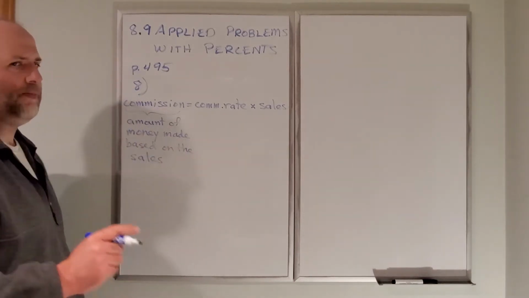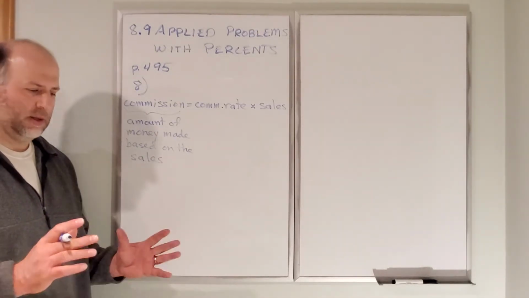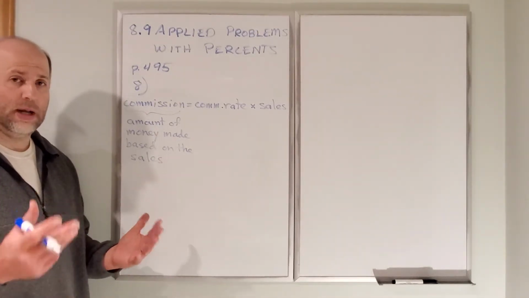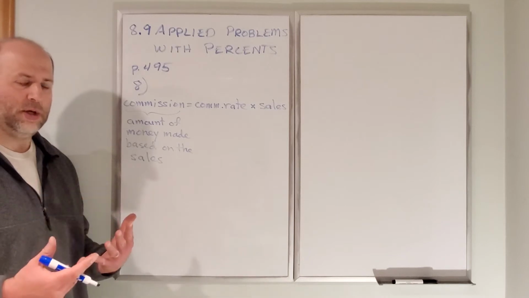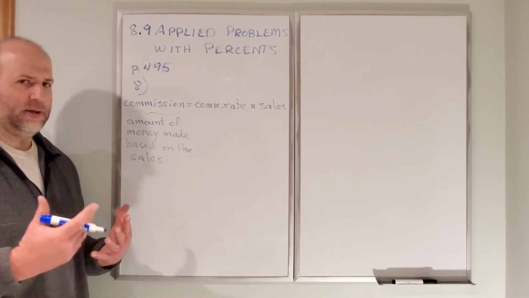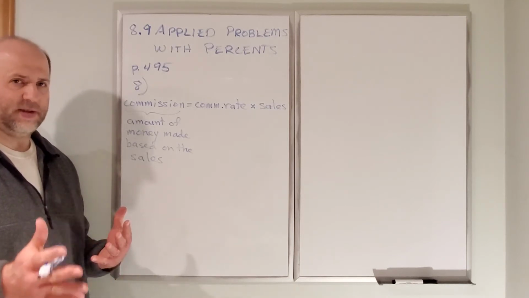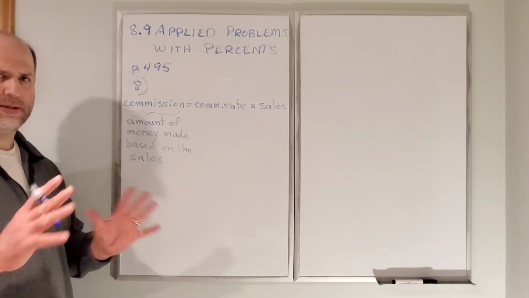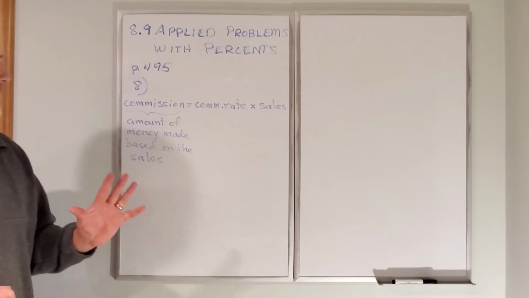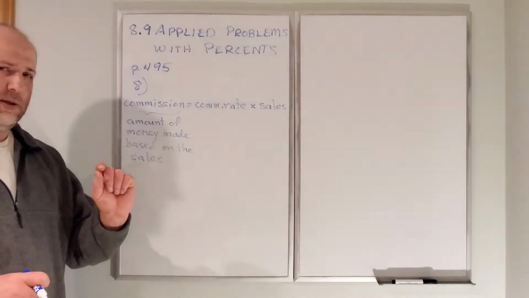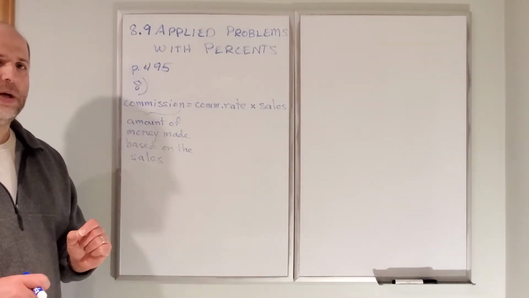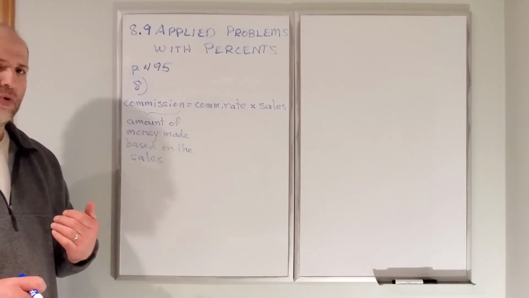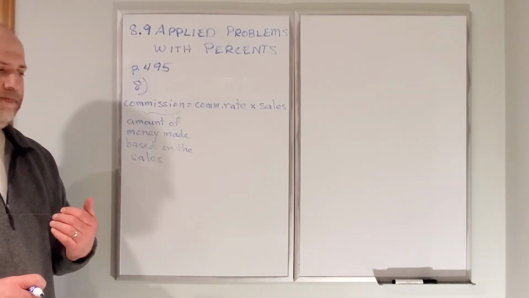So if you are a person that lives, fully or in part, based on commission, you are usually involved in some kind of sales or leasing, which is effectively the same thing, just temporary sales. What it means is you get a certain percentage of the business you bring in to the company.